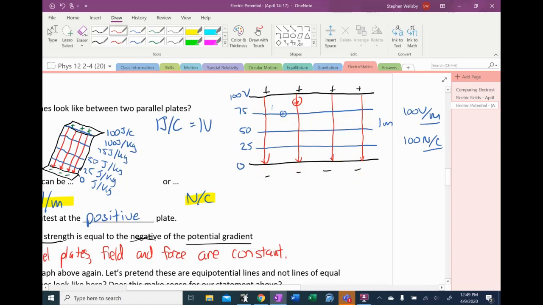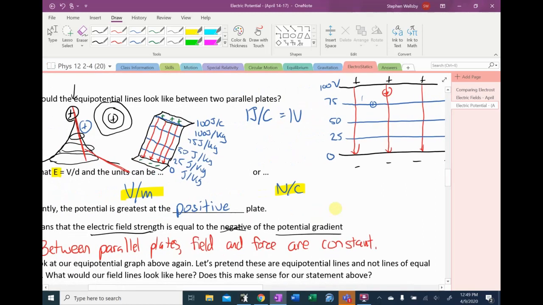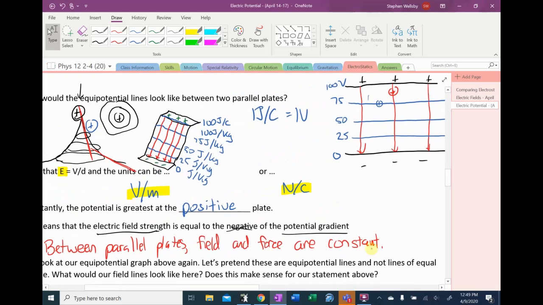And if the field strength is constant, let's say 9 newtons per coulomb, then that also means the force is going to be constant. So between parallel plates, the field and force are constant. Whereas next to a point charge, it's definitely not going to be constant. You'll have a greater force when you're close and a lesser force when you are further apart.